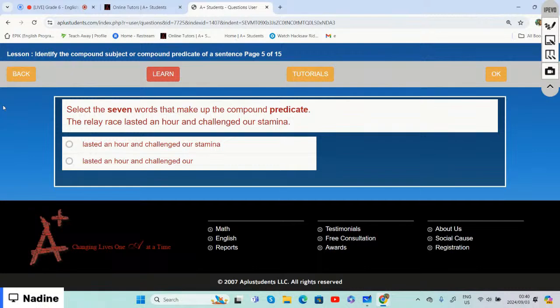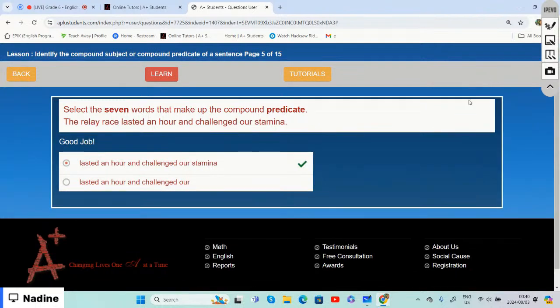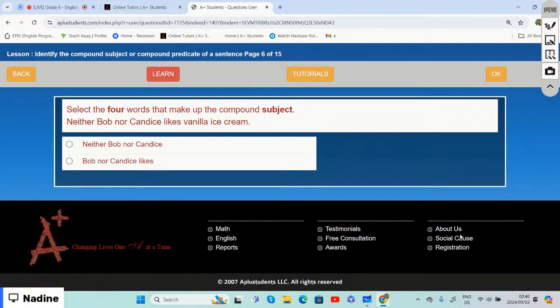All right, the seven words of the compound predicate, we'll say it is option one. And option one is correct. Then the next one says neither Bob nor Candace likes vanilla ice cream.